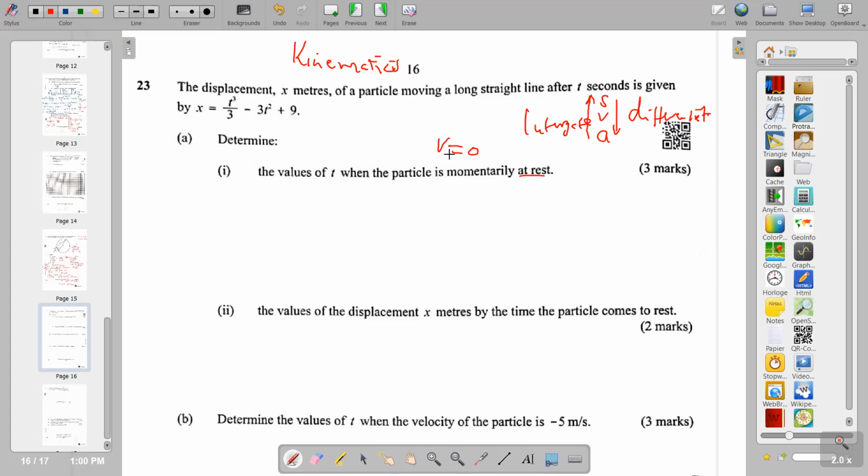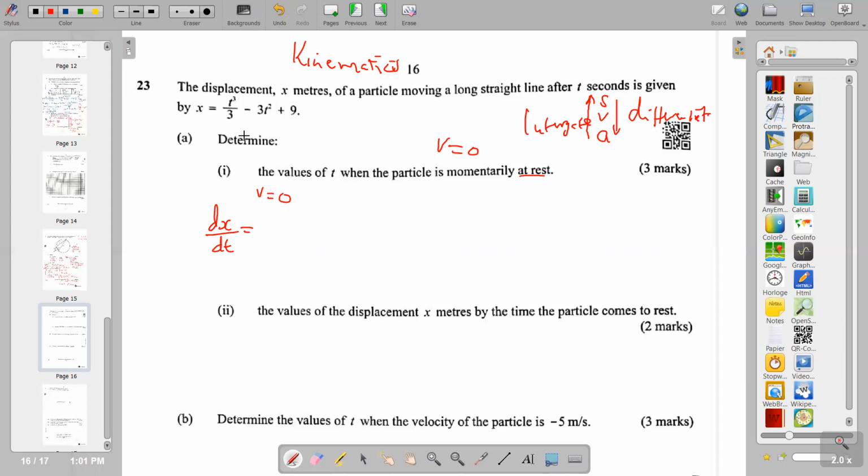Because the particle is at rest, V is equal to 0. This equation is an equation of displacement, so for us to get V, we differentiate. Be very careful here, because this equation starts with x, not s. So you differentiate x with respect to t.